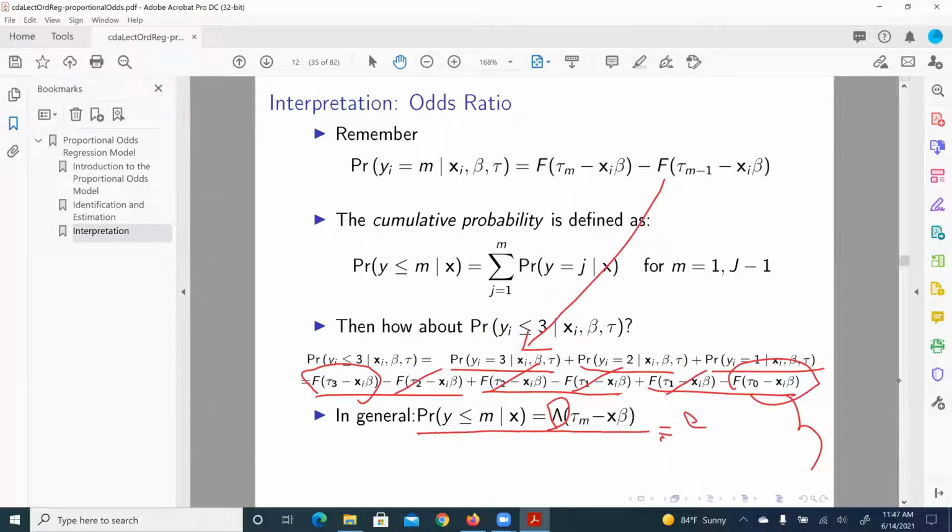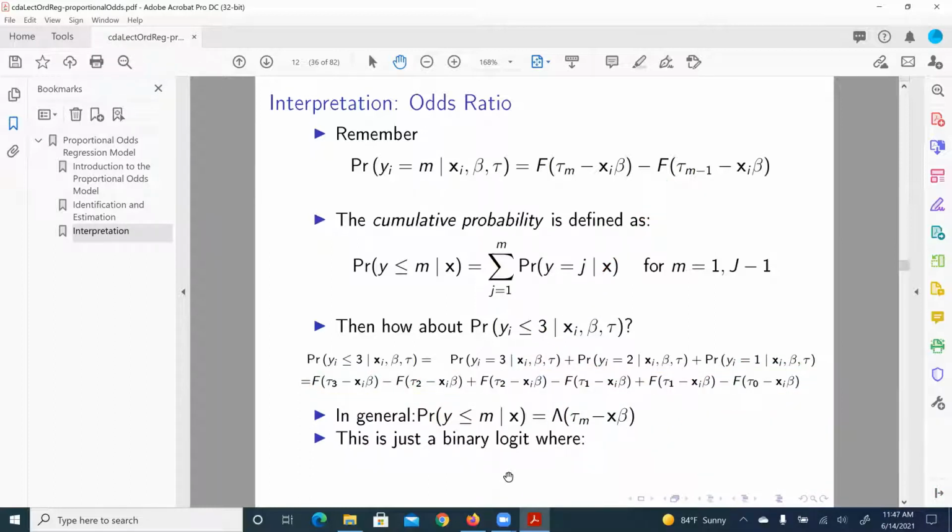The exponential function of tau m minus x beta over 1 plus the exponential function of the same thing, tau m minus x beta. So anything that goes into the lambda function goes into the natural exponential function in the numerator as well as the natural exponential function in the denominator.